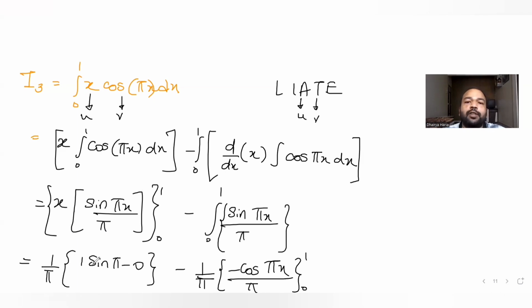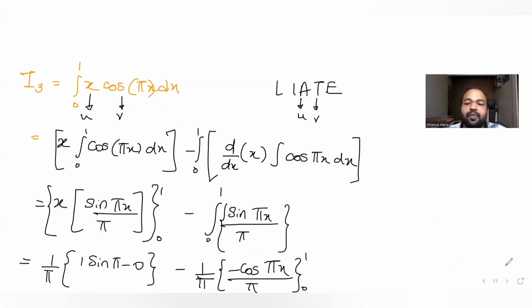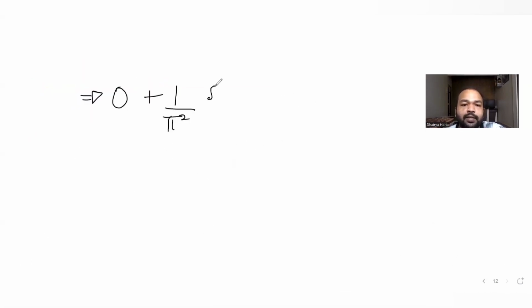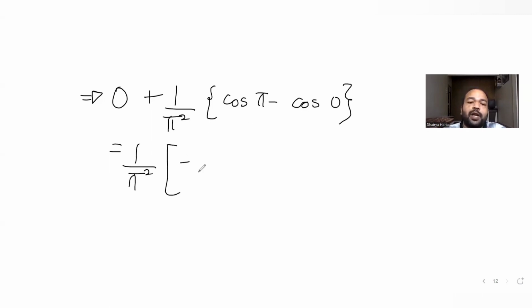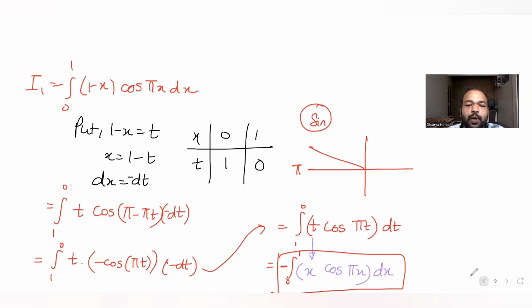Sin pi we already know is 0, so that term is 0 anyway. Minus into minus makes it plus 1 by pi square. Substituting, we have cos pi minus cos 0. Cos pi is minus 1, cos 0 is 1, so minus 2. So I3 is minus 2 by pi square.